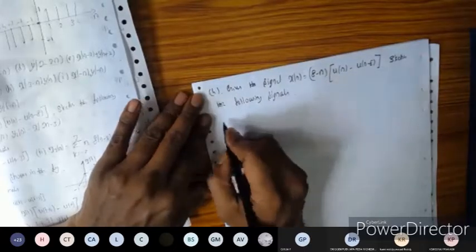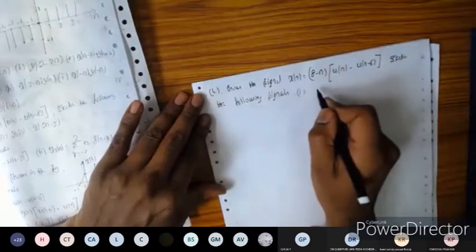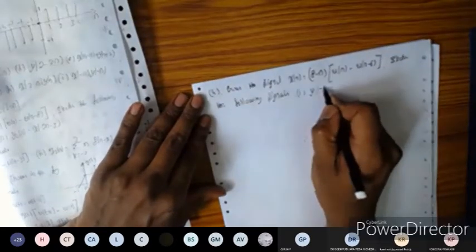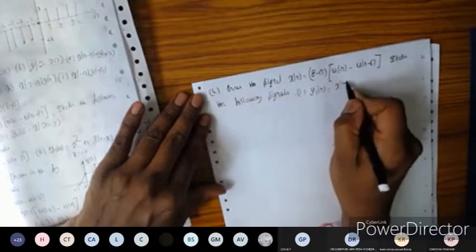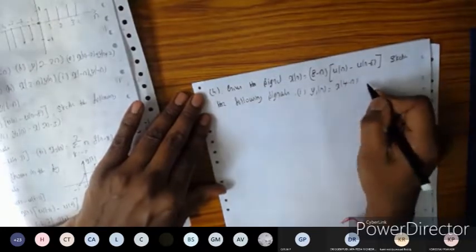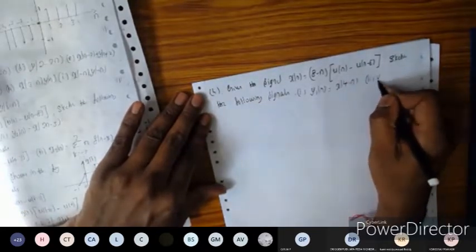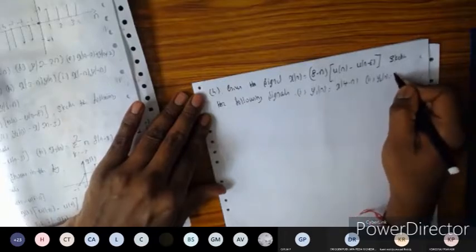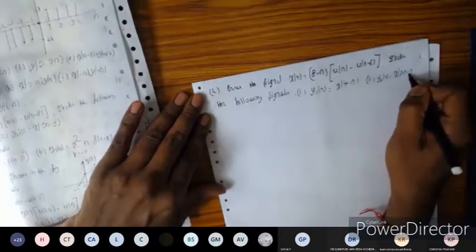You can take the first one, y1 of n is equal to x of 4 minus n. Second one, y2 of n is equal to x of 2n minus 3.